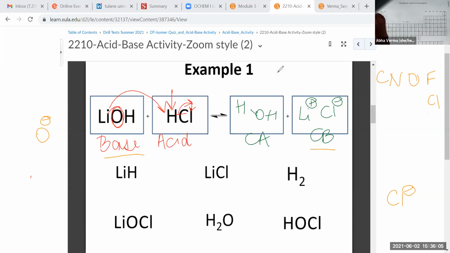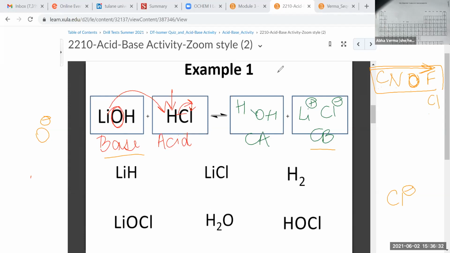So chlorine is a bigger atom than oxygen. Whenever you're comparing electronegativities and size across a period, all of these atoms are similar sized atoms, so what matters is the electronegativity.